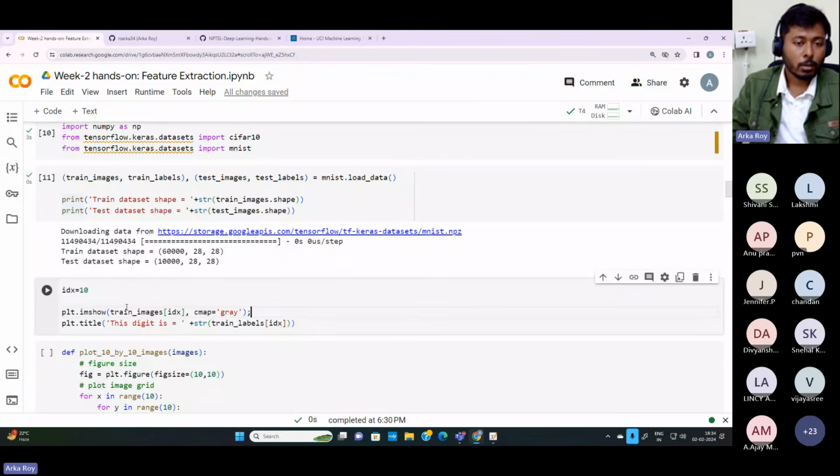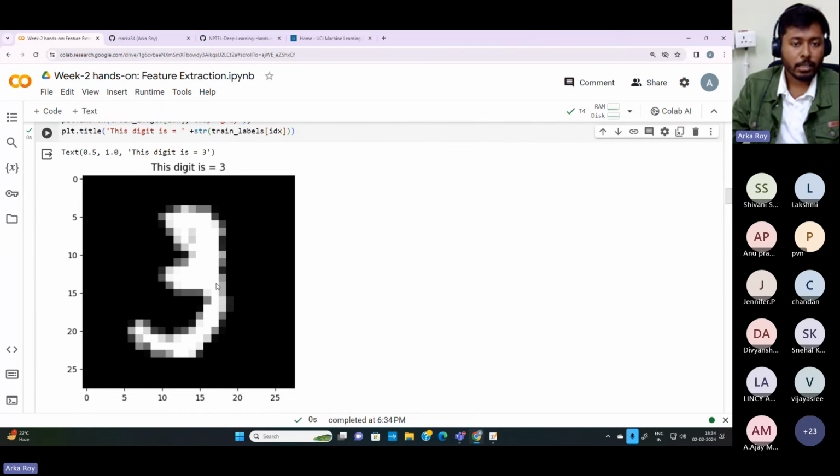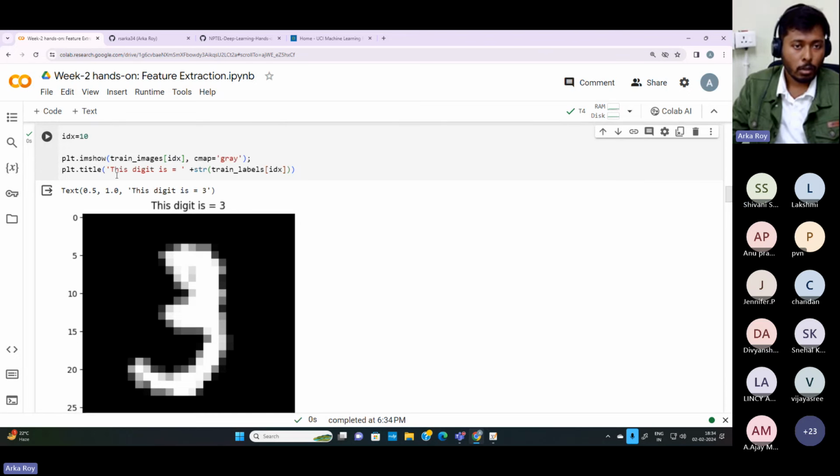Okay. So let me just run this one. Now you can see that the image is 3, and I have written the label over here as a title. I have written plot.title is equal to the digit is, this is a string, and I want to know what the label is for this particular image.